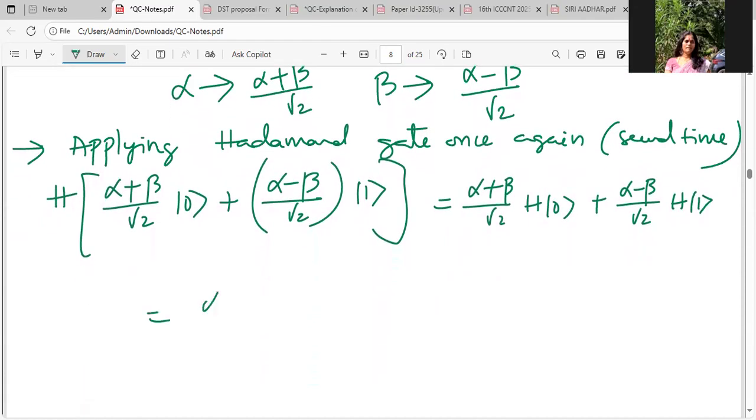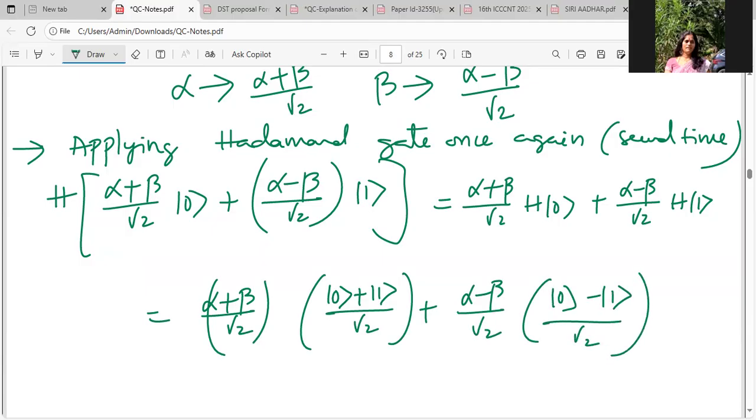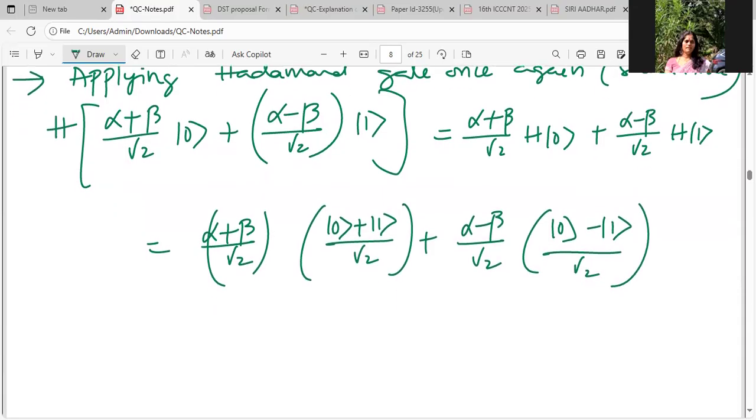So what happens? Alpha plus beta by root 2 times H ket 0, which is ket 0 plus ket 1 by root 2, plus alpha minus beta by root 2 times ket 0 minus ket 1 by root 2. Just try to simplify.